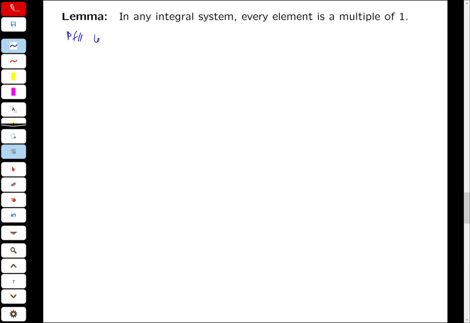So let A be an integral system. And we need to get an element A in A. Now, what we want to do is prove that this A is equal to, our goal is to show A is equal to n times 1 sub A for some n.